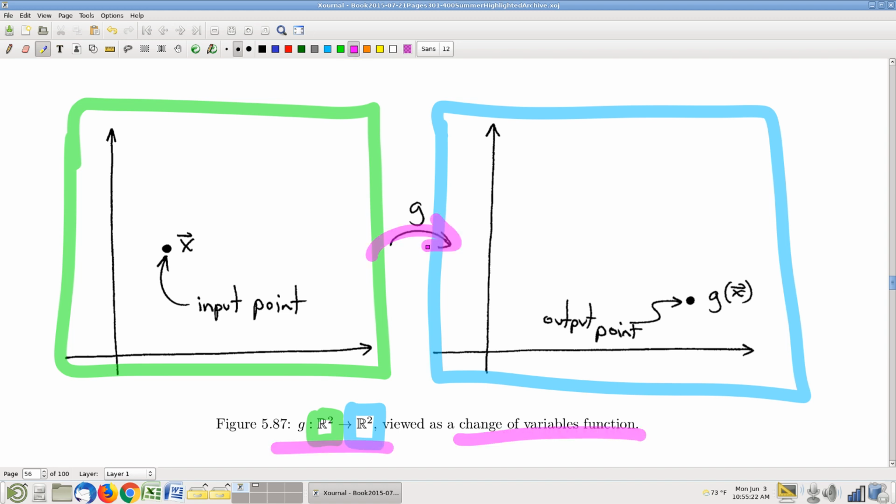In fact, we've done a fair amount of this already. We've seen a bunch of formulas giving functions from R2 to R2, and we've been using them to do change of variables. So I'm not saying that all functions from R2 to R2 have to be thought of as vector fields. Not at all. I'm just saying that if you have a vector field, you can think of it as a function from R2 to R2. And side note, yes, there are other uses for such functions. So again, think it through appropriately to the circumstance.